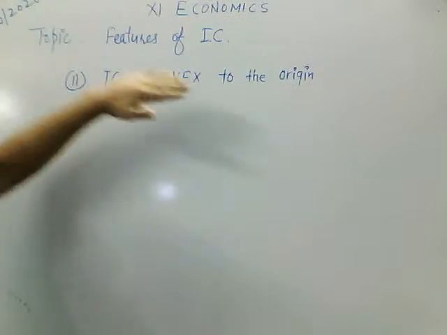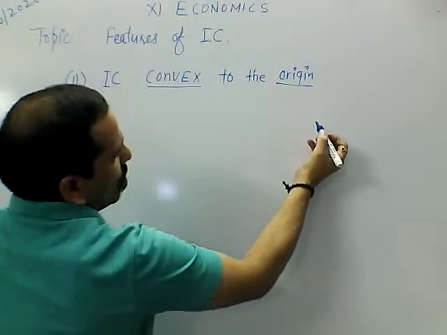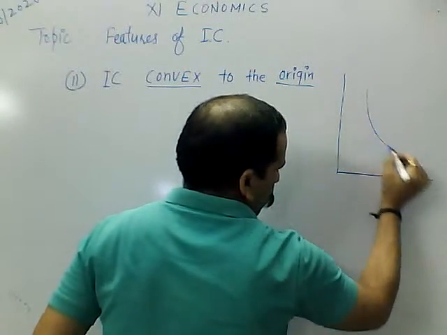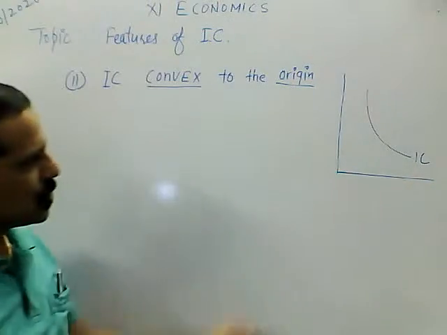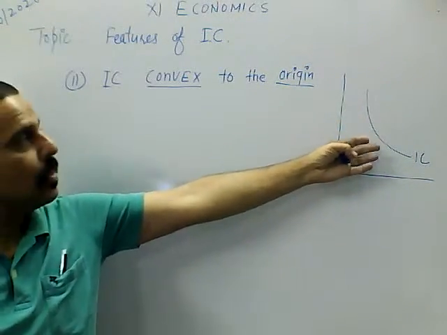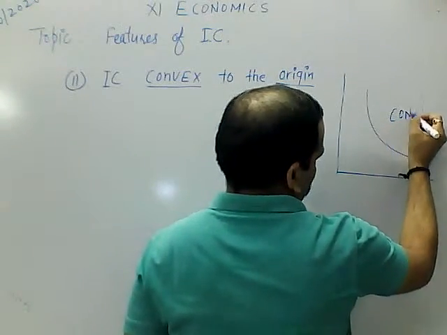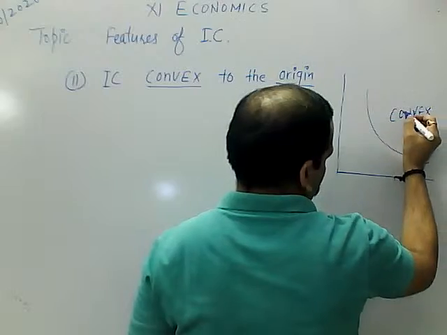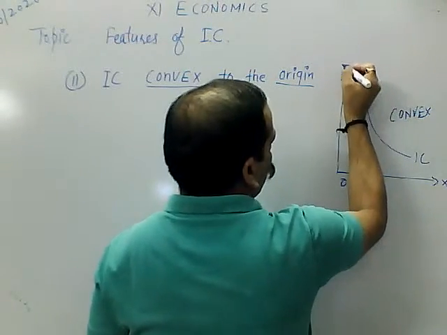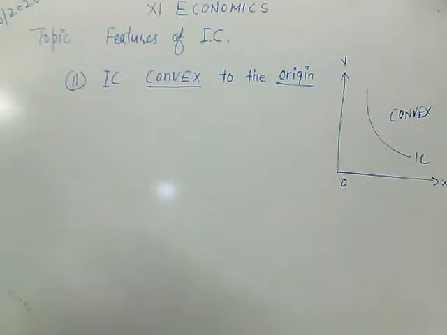So what does it mean when we say convex to the origin? See the shape of the indifference curve. The slope is downward, and the shape of this curve is convex. On the axes O, X and Y, the indifference curve is convex to the origin.